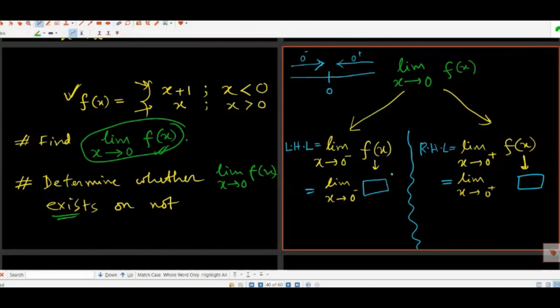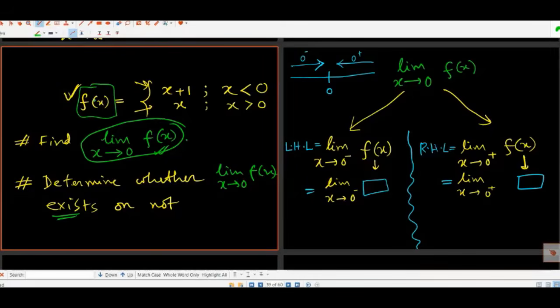Sir, can you repeat, please? Here, f of x for 0 minus. We have a total of 2 pieces, x plus 1 and x, for the main function f of x, right? Yes, sir. Since 0 minus is present, out of these 2 functions, one function is for 0 minus.